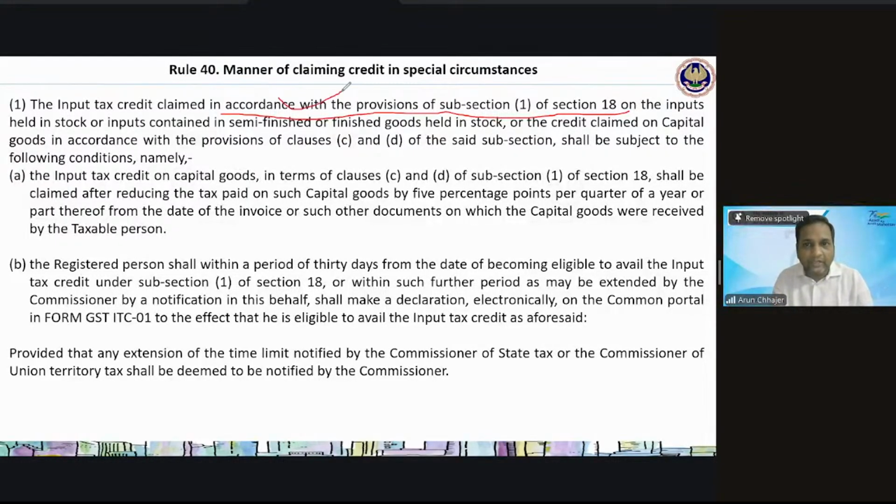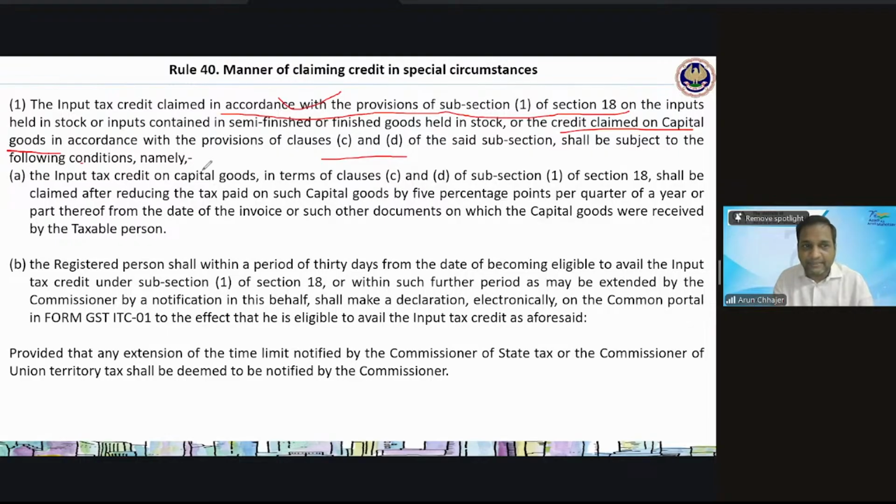ITC claimed in accordance with the provision of 18(1) on the input held in stock, contained in semi-finished or finished goods, or the credit claimed on the capital goods. You are entitled to claim the credit on capital goods in only 2 circumstances: composition become regular, exempt become taxable.